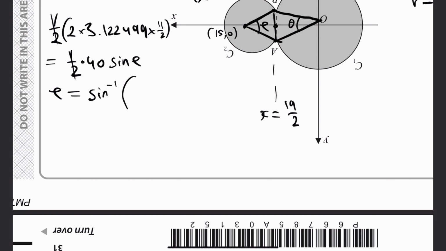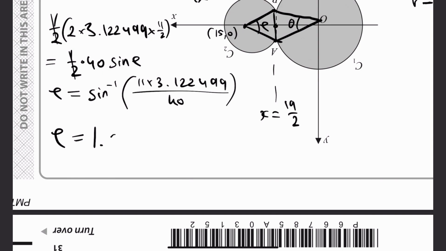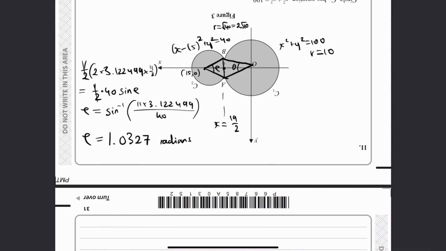Arc sine of that, so phi is equal to arc sine of 11 times 3.122499 over 40. Okay, and that is about 1.0327 radians. Okay, there we go. We've got our angle.